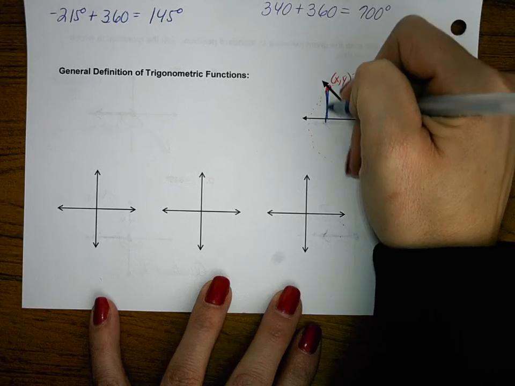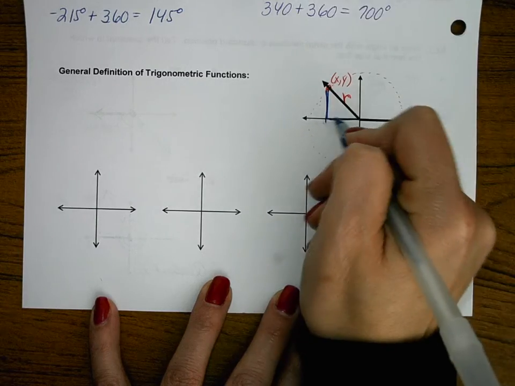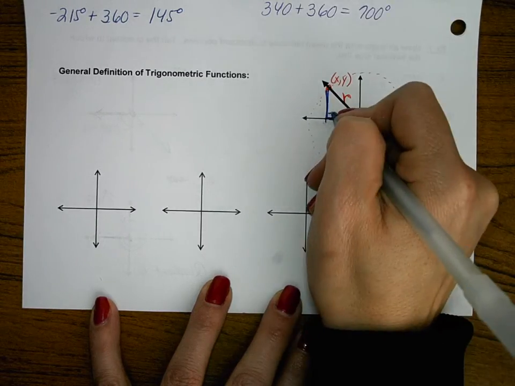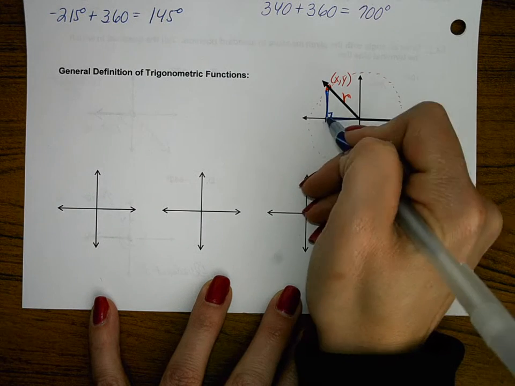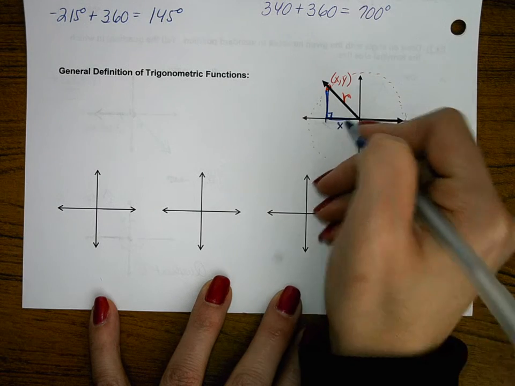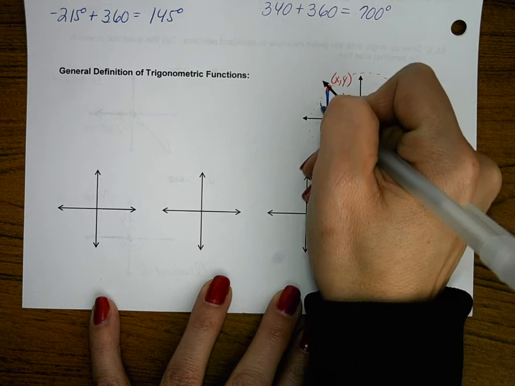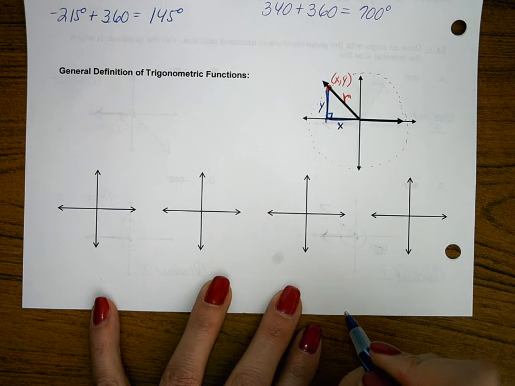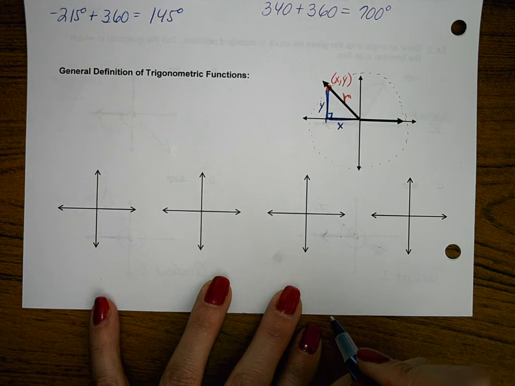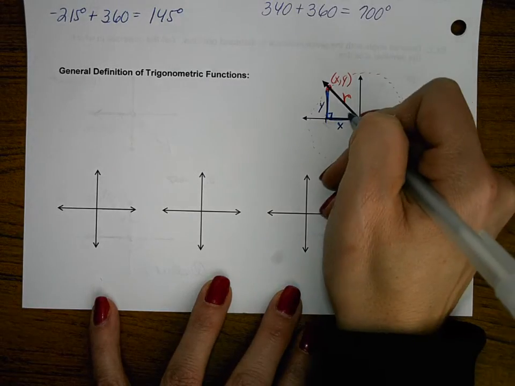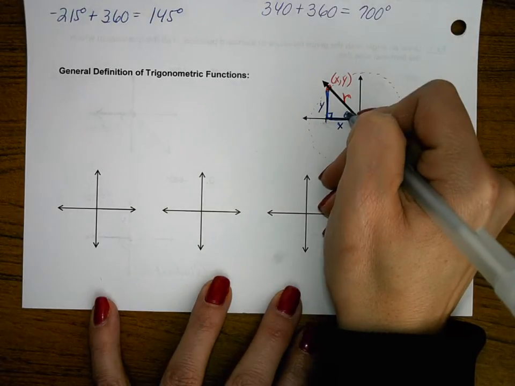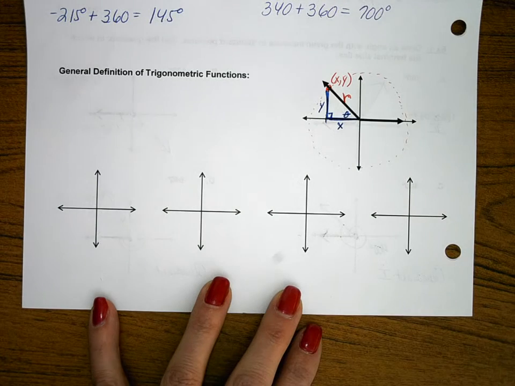Well, when I went to the left so far and up so far, I really built a little right triangle. I went to the left my number X, and I went up my number Y. And I built myself a nice little right triangle. Now, when I built that little right triangle, I made an angle here. And we're going to call that angle our angle theta.